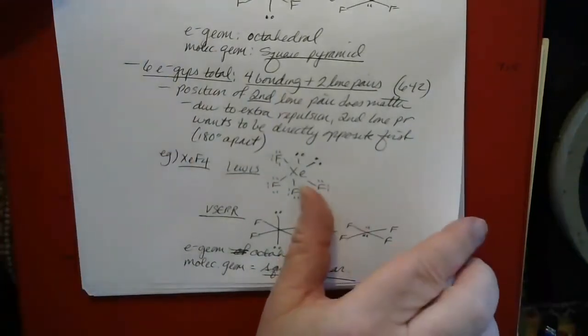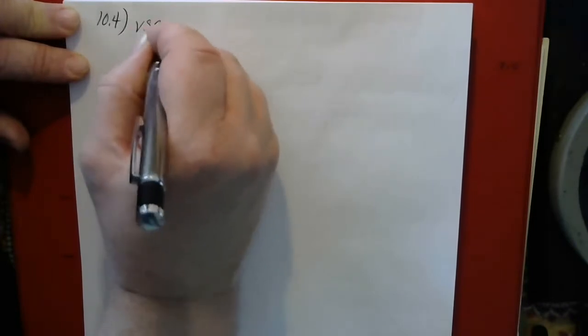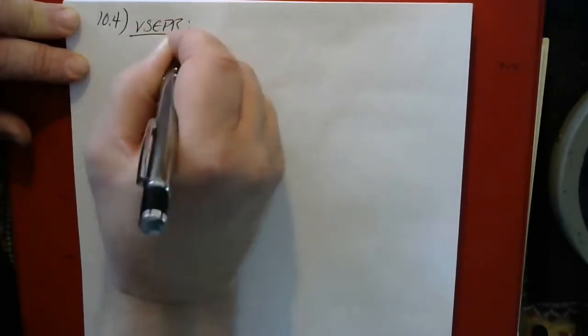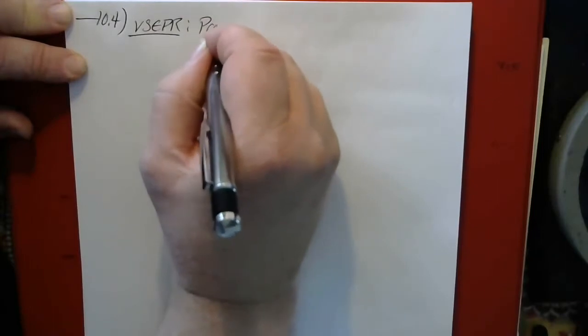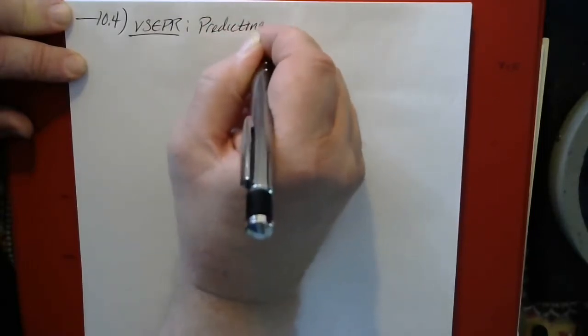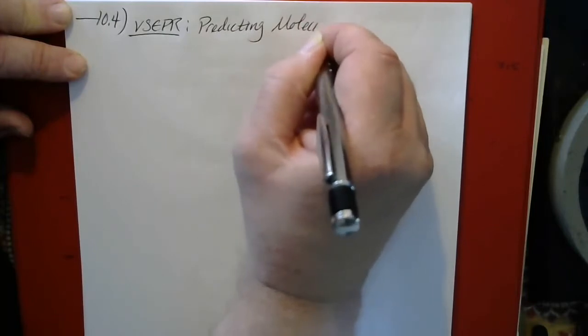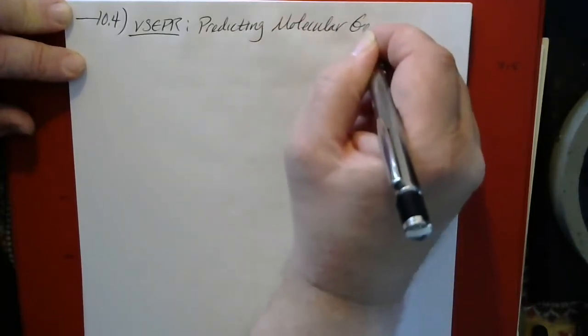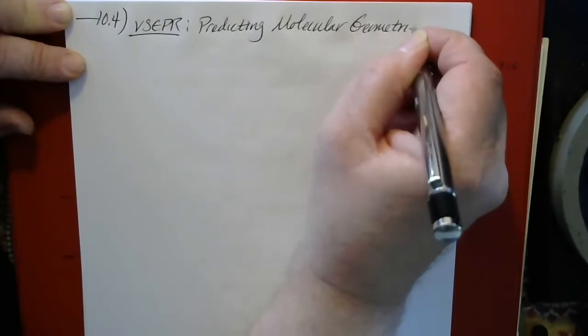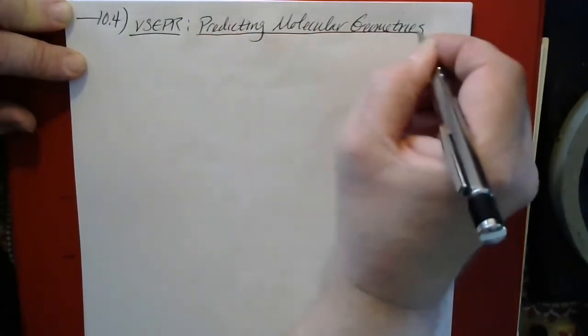The next thing would be a procedure in the book for how to determine the molecular geometries. So this is under section 10.4, under predicting molecular geometries.